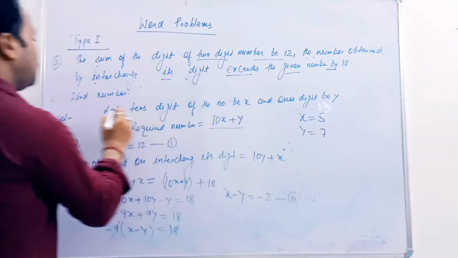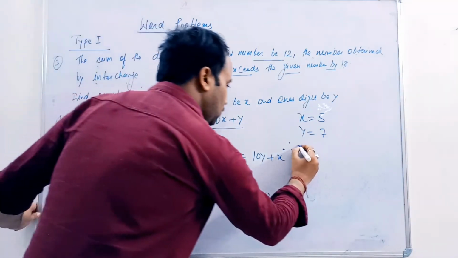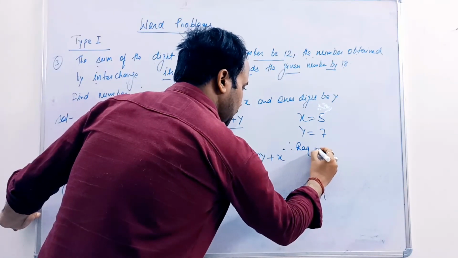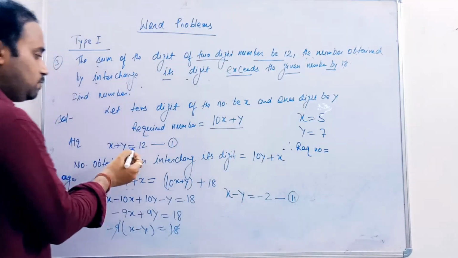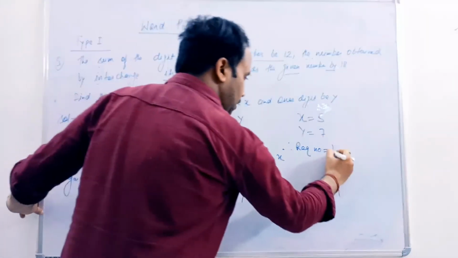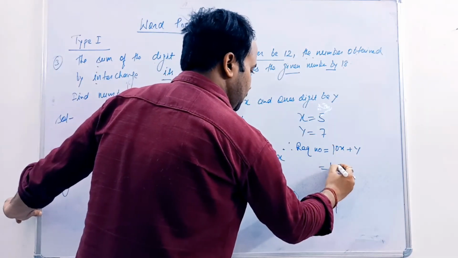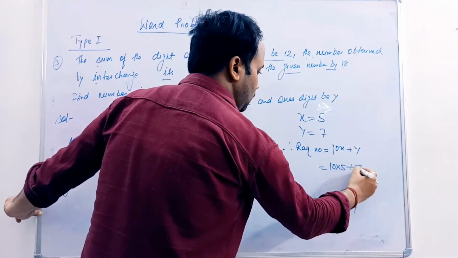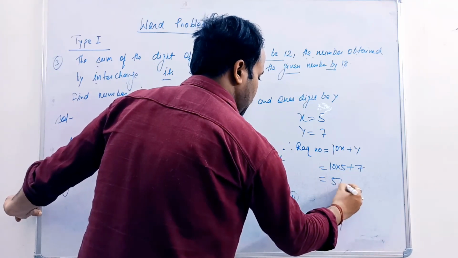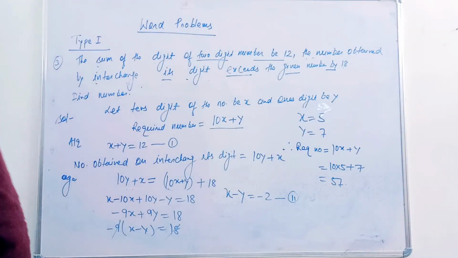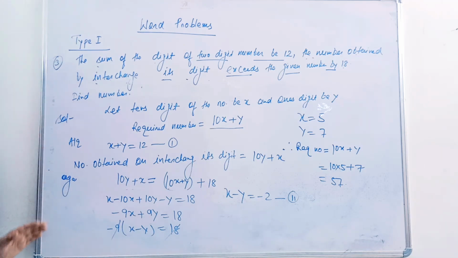Therefore, in the given question, we are asked to find the number. Our required number is 10x plus y. The value of x is 5, so write 10 into 5, and the value of y is 7. It becomes 57. Clear? I hope this one is clear to you.